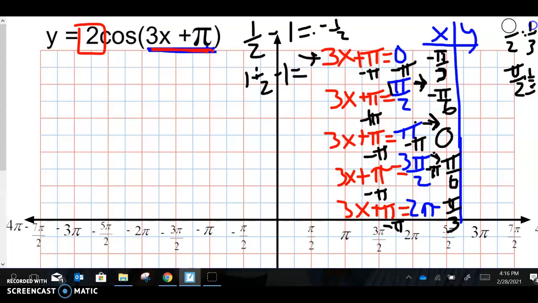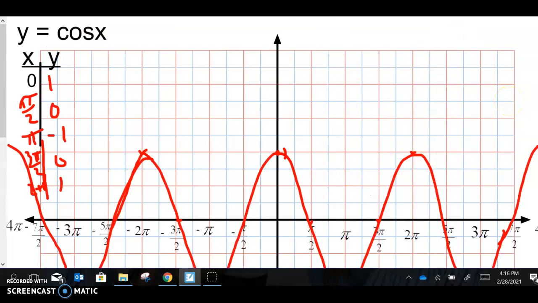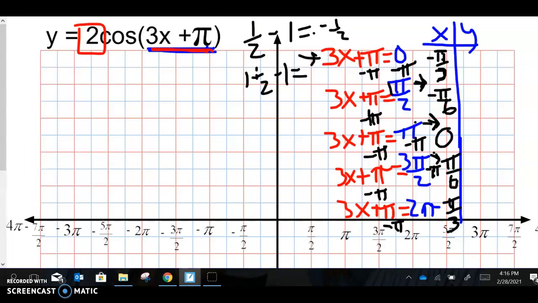Okay, y coordinates. They're a little bit easier. The y coordinates, I know what they usually are. Let's look back at cosine. They're usually 1, 0, -1, 0, 1. So I'm going to write that down. The y coordinates are usually 1, 0, -1, 0, and 1.